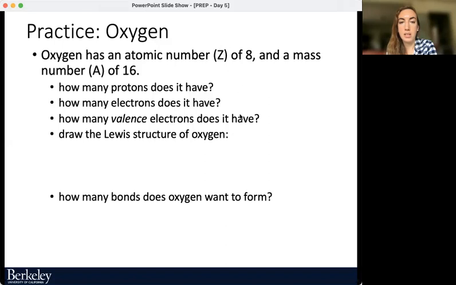So just to see how this went, I'm going to launch a poll asking the last question here. So how many bonds does oxygen want to form? Cool, looking good so far.